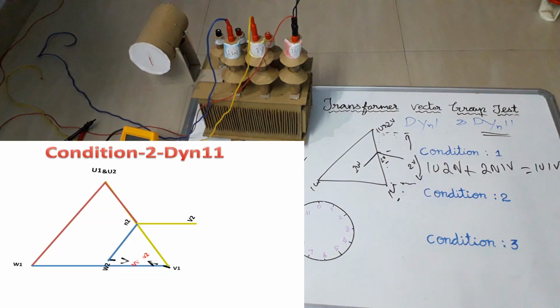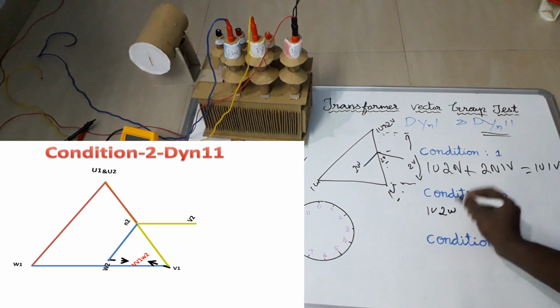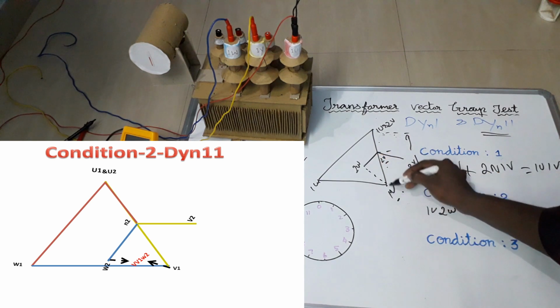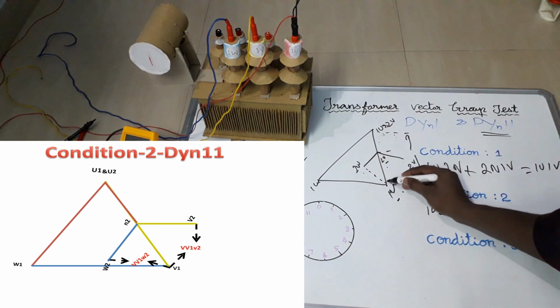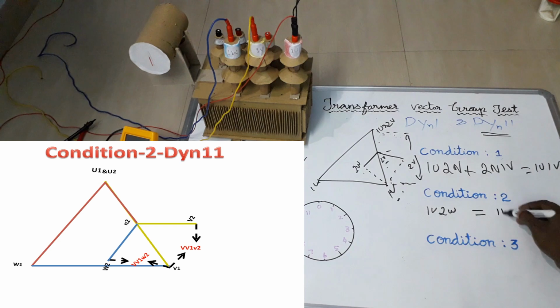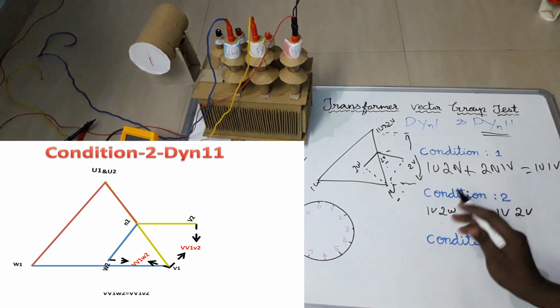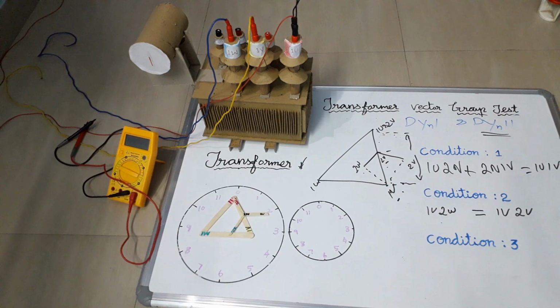For condition 2, we have to check the voltage from 1V to 2W. It should be equal to 1V, 2V. Both should be equal. That is 1V, 2W should be equal to 1V, 2V.